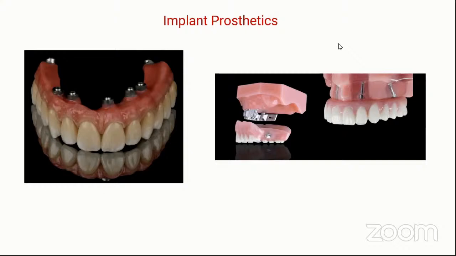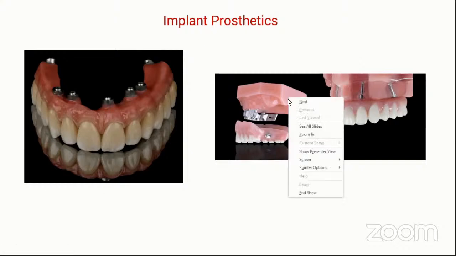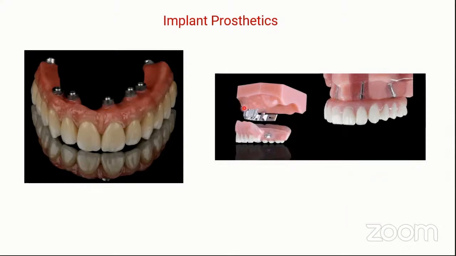What basically happens with regards to removable processes is that we can easily remove it and place it at will. When you solder the different abutments together, we get something called a bar design.